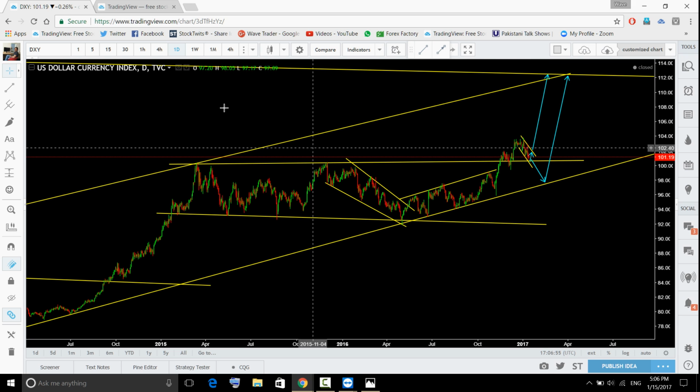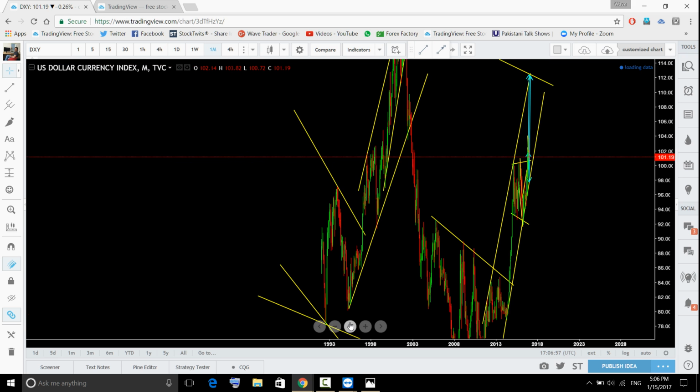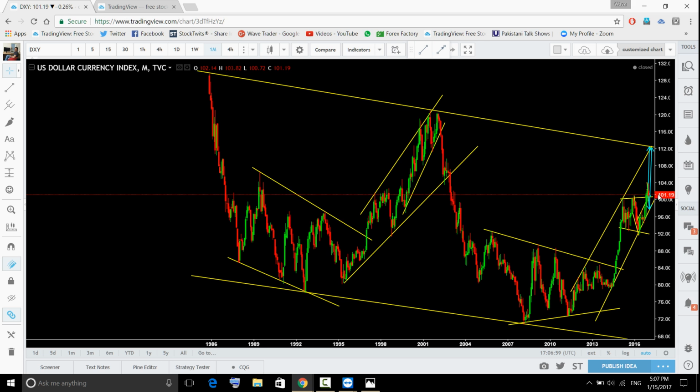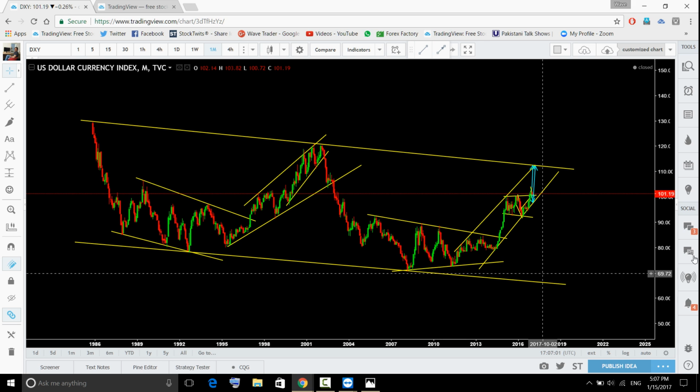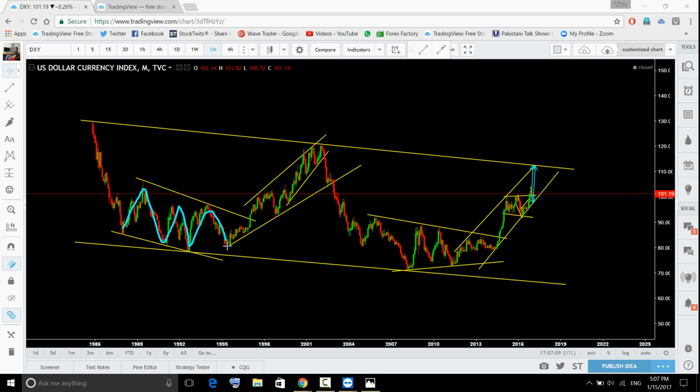Okay, so this is the dollar index. If you guys can see, price started to form a trend reversal channel here, the bigger trend reversal channel on the monthly, and after that price broke up with an impulse, formed a trend continuation pattern and continued to the upside.